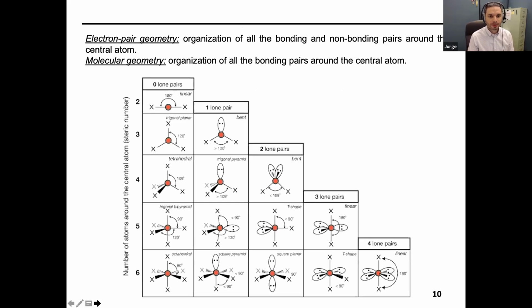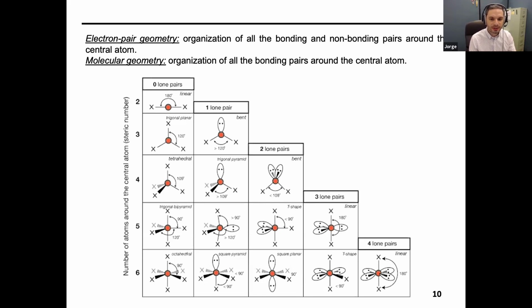Okay, so let's do here a quick recap about molecular geometry, the things that we discussed last Friday. For the molecular geometry, I will look at the molecular geometry of the central atom. So therefore, all the rules that I showed you apply to the central atom.